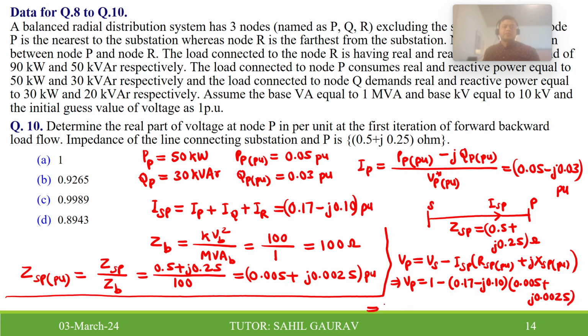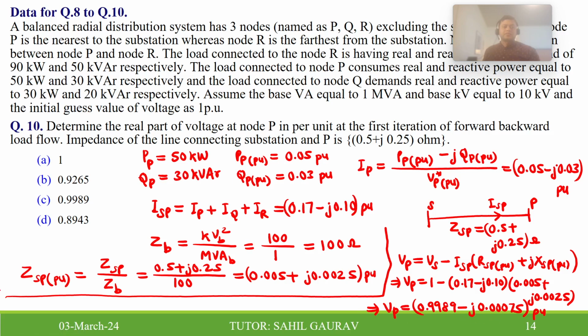You will get VP as 0.9989 minus J 0.00075 per unit. So voltage at point P after the first iteration is 0.9989 minus J 0.00075 per unit.